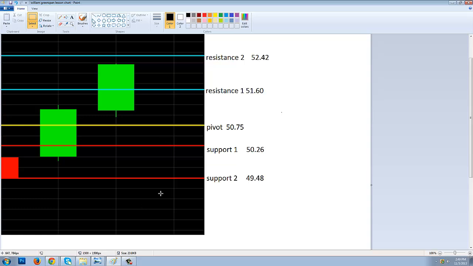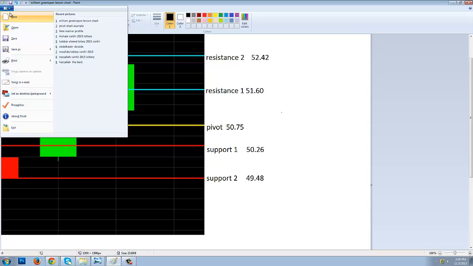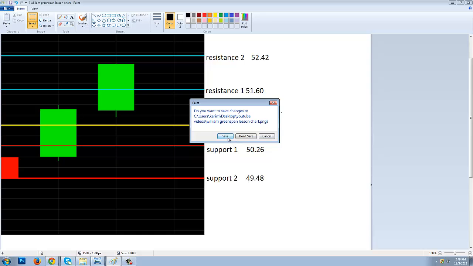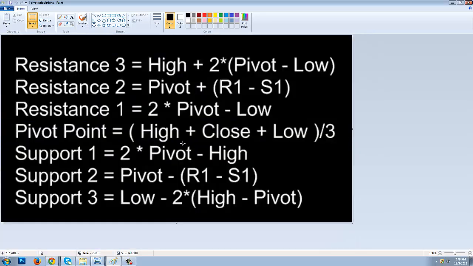Let's go to the calculations. These are the calculations that I show you on the chart. Now this is the pivot point. You take the high plus the close plus the low, sum them up, and divide by 3. This gives you the pivot line, the price where you put the line.